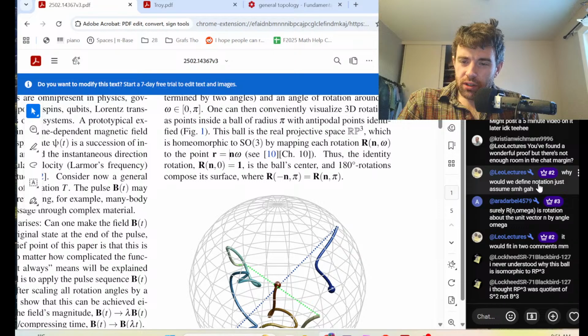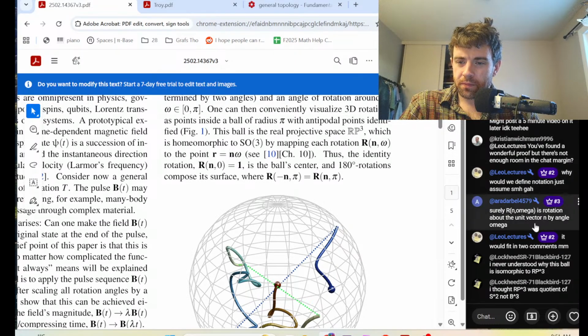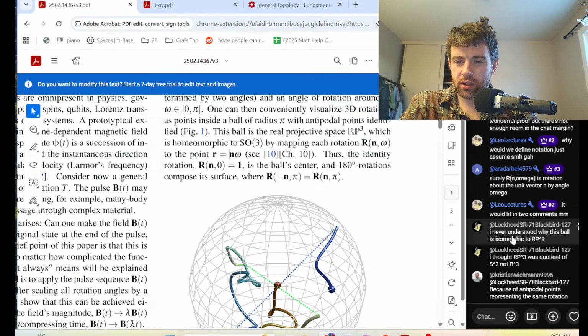Why would we define notation? Yeah, who cares? But then, how is n times omega a point in here? I don't know. You thought RP3 was a quotient of S2?